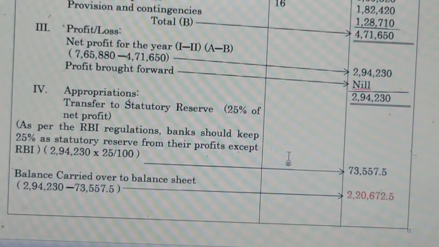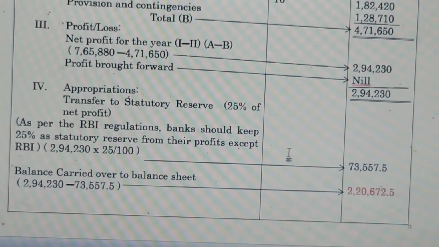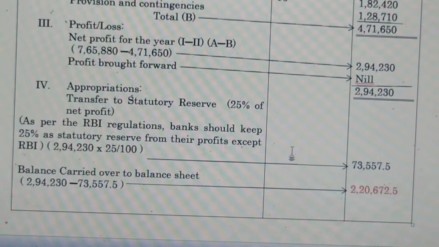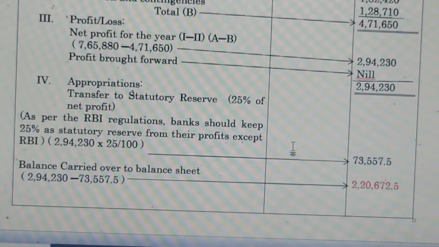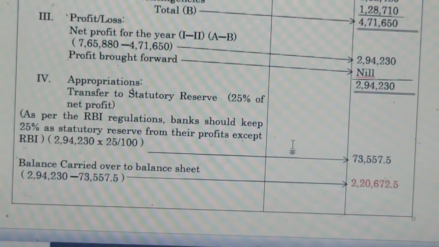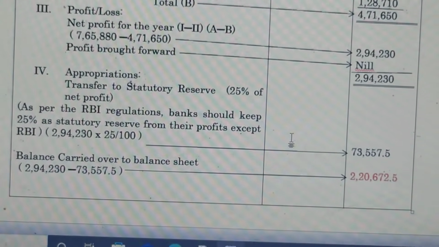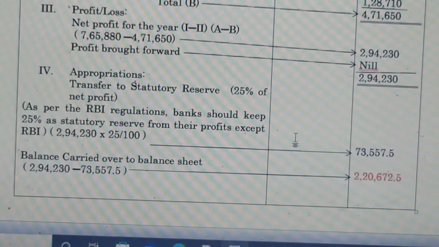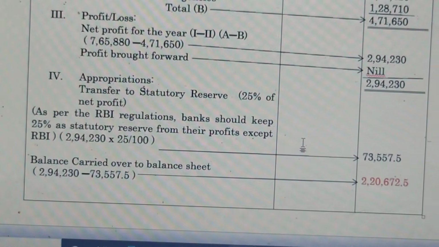So the net profit of the bank is 2,94,230. Multiply with 25 divided by 100, we get 73,557.5 as the statutory reserve of the bank.